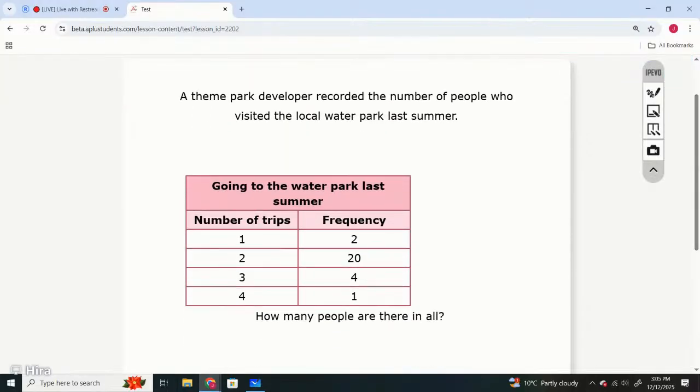A theme park developer recorded the number of people who visited the local market last summer. How many people are there in all?